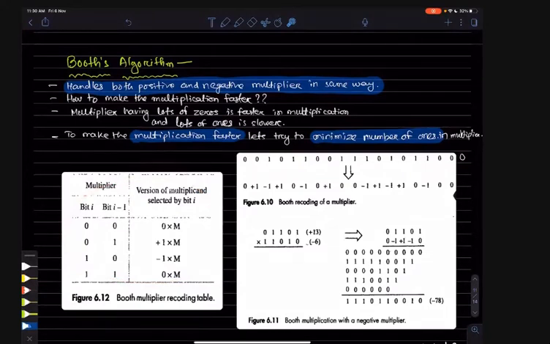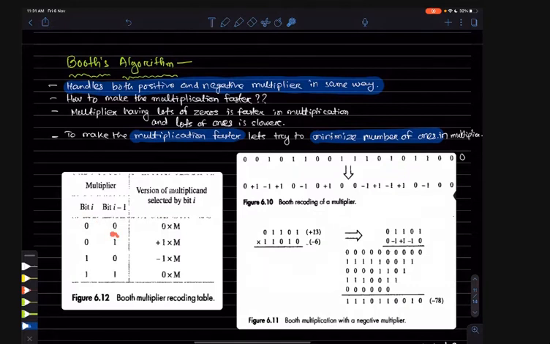Let's see how to do the coding. Check figure 6.12. We take two bits into consideration: bit i minus 1 and bit i. We code the multiplier based on this table. Whenever there are two consecutive bits 0 and 0, we replace them with 0.